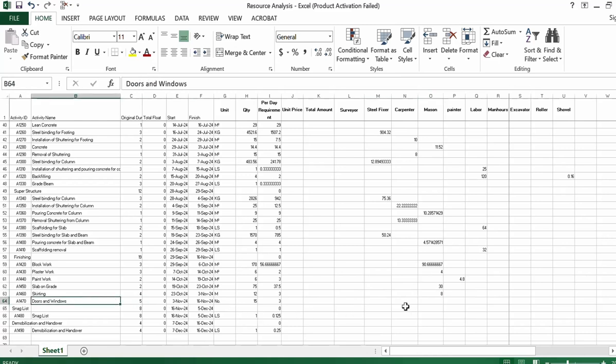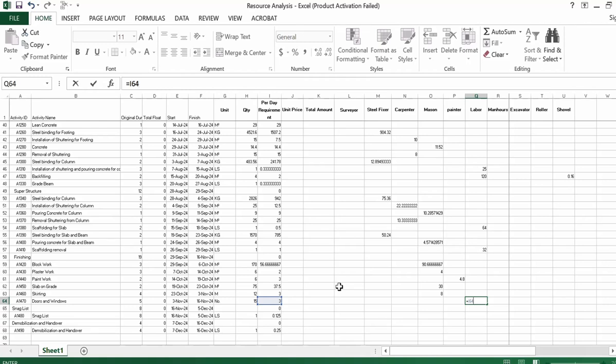Doors and windows: we need, suppose, an installation team, the labor. To complete 15 doors in 5 days, we need 3 doors per day, and a 3 or 4 person team can complete 3 doors in 1 day.